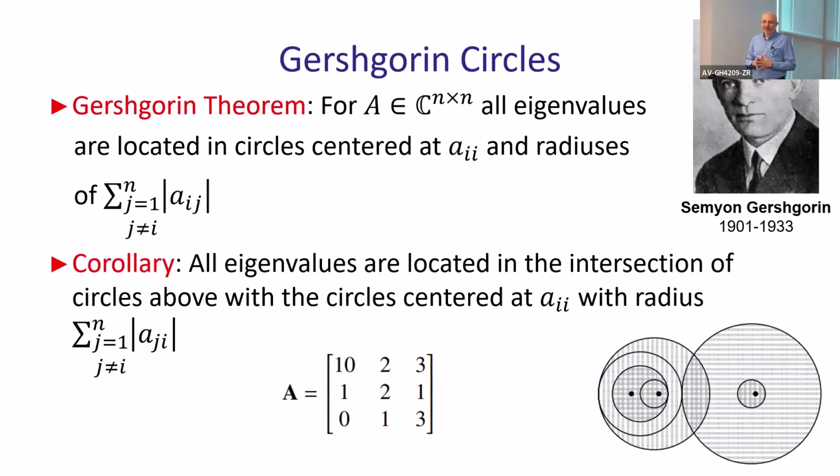He died very young, at age 32. But he developed that beautiful theorem which allows you to estimate the location of eigenvalues without computing practically anything. Given the matrix, all you need to look at are the diagonal values and the sums along the rows and columns. So that's it. This is how it works.